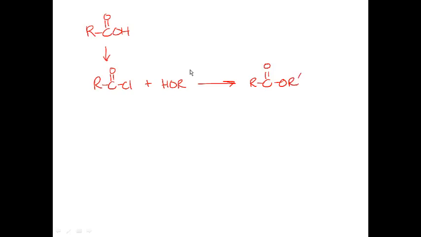esters is to substitute the acid with a carboxylic acid chloride, and then react the carboxylic acid chloride with the alcohol. And what you end up doing is forming the ester, and this is a complete reaction, so there's no equilibrium here.